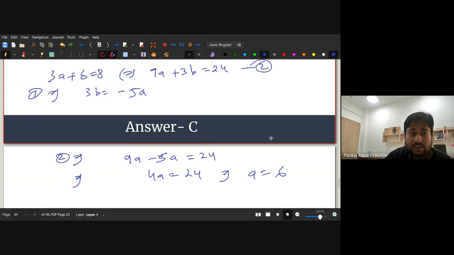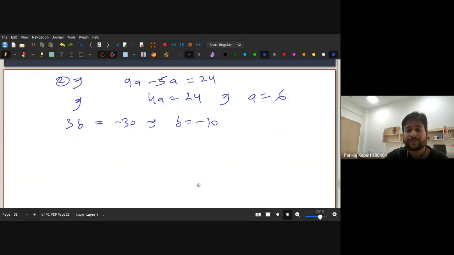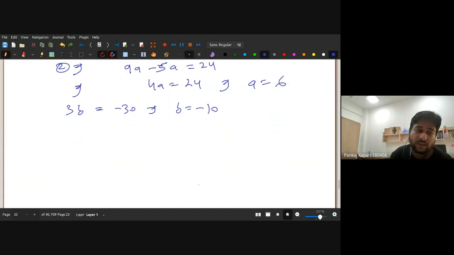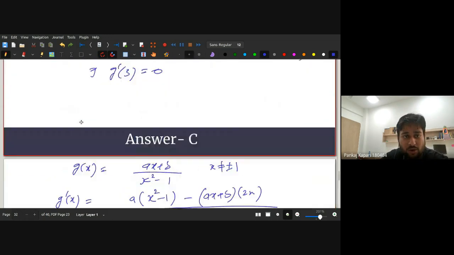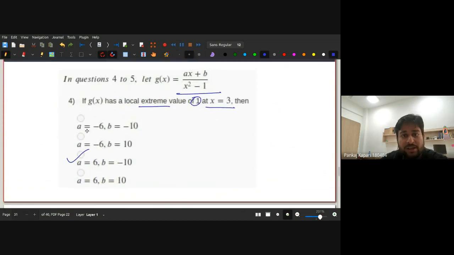Now a is 6, and we have this relation that 3b is equal to minus 5a. So if you substitute a equal to 6, then you will have 30, and that will give us that b must be minus 10. Okay, so a is 6 and b is minus 10. This we wanted to find. So the third option is correct here.